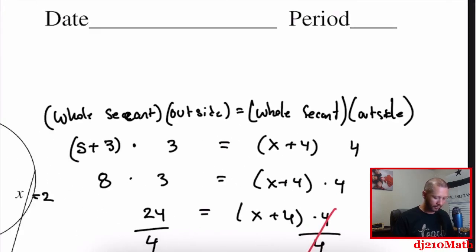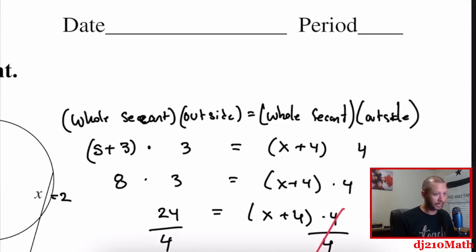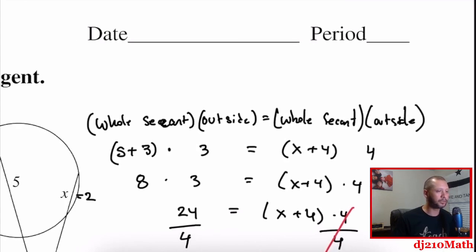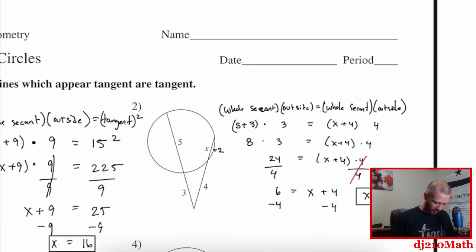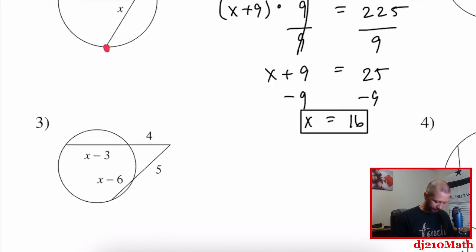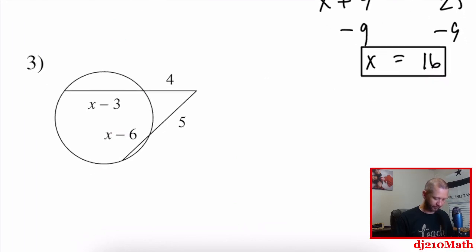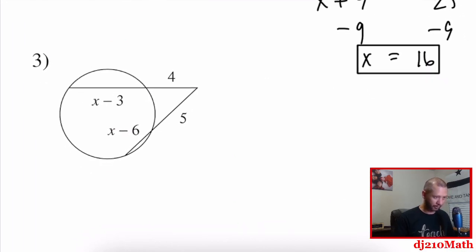So again, here's the second case, when you have two secants. All right, number 3 is literally like the problem we just had, except the algebra is what's going to make this tough. It's going to be x minus 3 plus 4, because that's the whole secant, times the outside part.